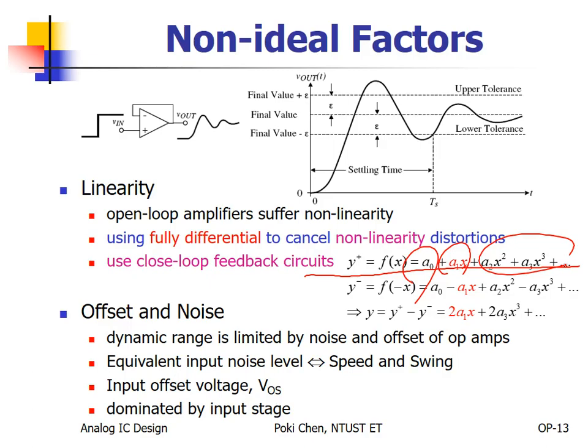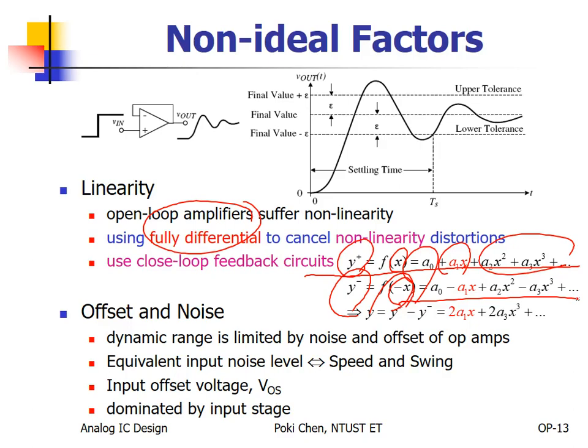All the other terms are distortions. You hate them. But how to reduce such distortion? Differential operation will be good for you. If it is fully differential, you have a positive output and also a negative output with the same function, but you are positive, I am negative.